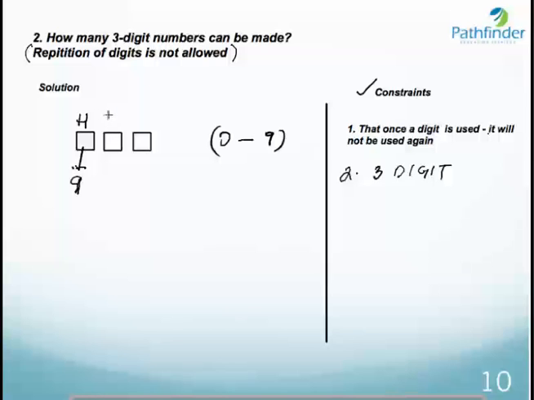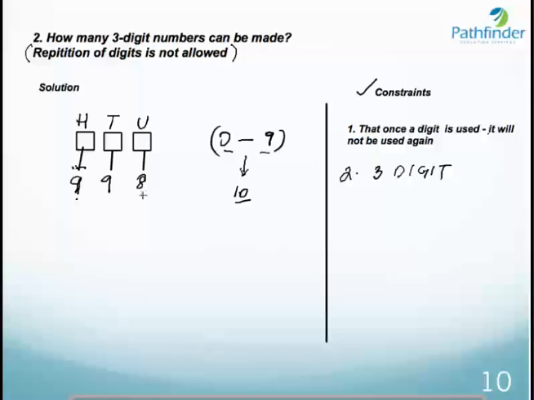Now let us try to place the tens digit. So in how many ways can we place the tens digit? Again, the total digits available are 0 to 9, which are 10 in number. But out of these 10, one digit has already been placed at the hundreds place. So therefore, the number of digits remaining are only 9. Which means the number of digits left for the units place are 8. Because out of these 10 digits, one digit has been placed at the hundreds place and one digit has been placed at the tens place.